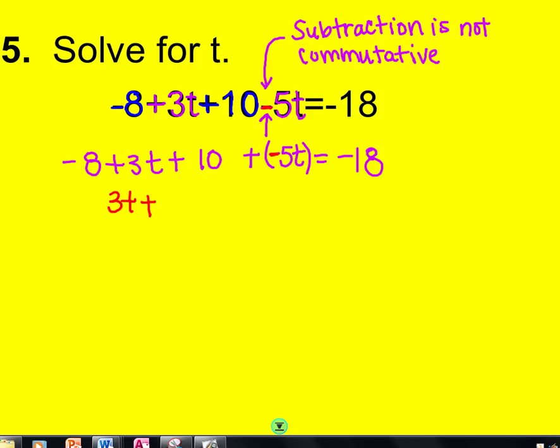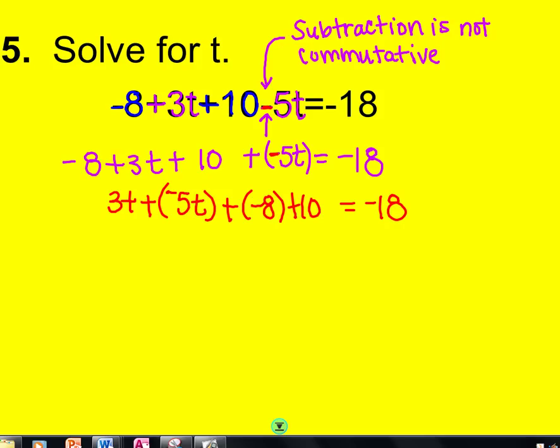3t plus negative 5t plus negative 8 plus 10 is equal to negative 18. So having my like terms next to each other is nice because then I can very quickly do the math, and it's just nice and organized.